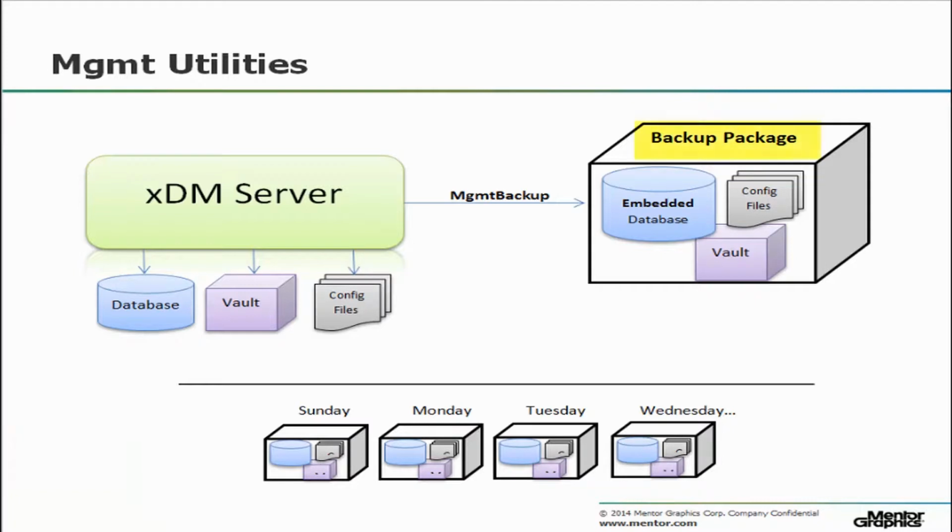You should know that the backup package includes not only the vault and the metadata, but also some configuration and security files that you might want to use during the recovery process. However, it does not include a backup of your Oracle database.